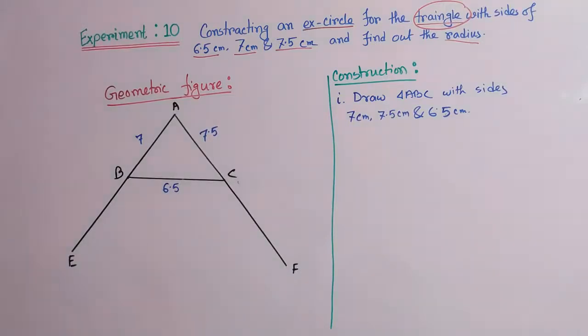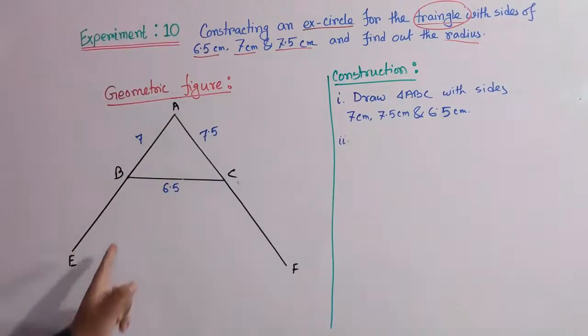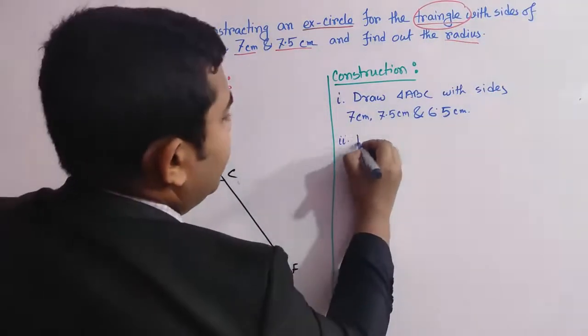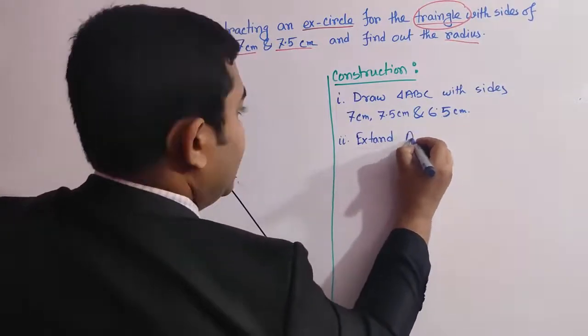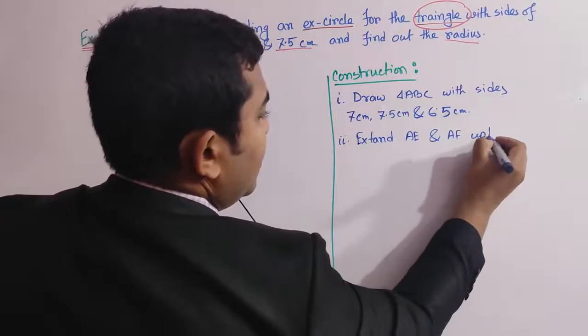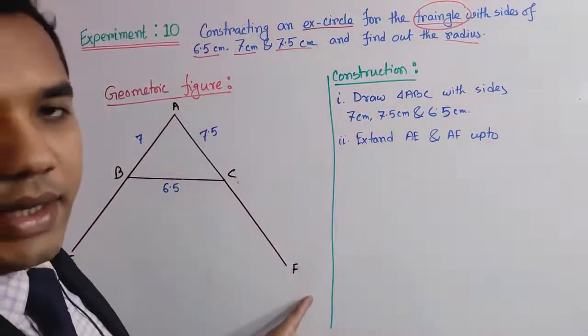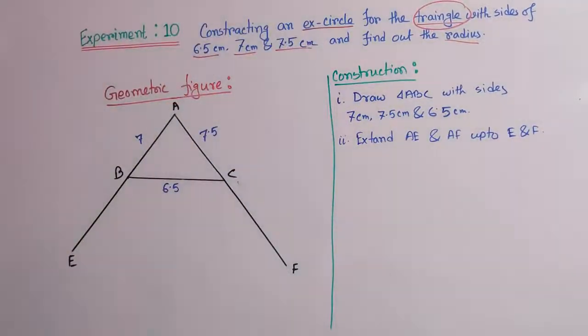So our construction part can be written as: extend AB and AC up to points E and F. Extend these two up to E and F points.